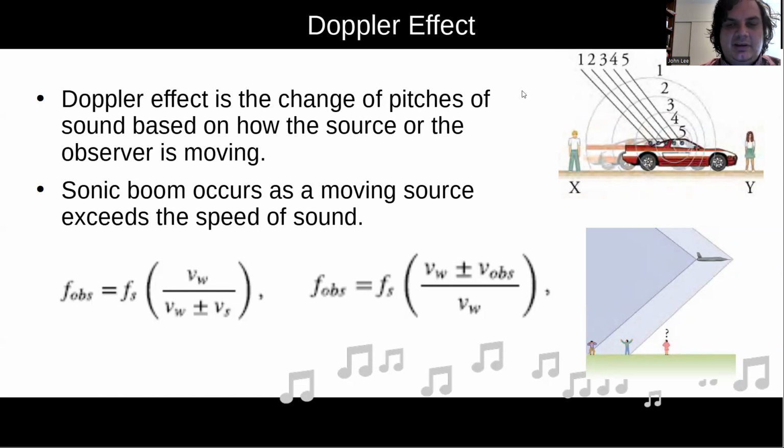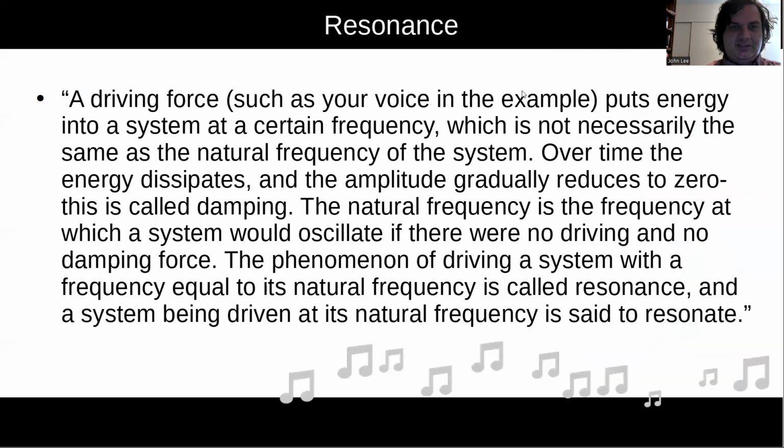So in this case, if the observer is moving towards the sound, then it's going to have a higher frequency for the same argument as before. And if they're moving away from the sound, it's going to have a lower frequency by the same argument as before. And then in addition to this, there's also the sonic boom, which occurs as a moving source exceeds the speed of sound.